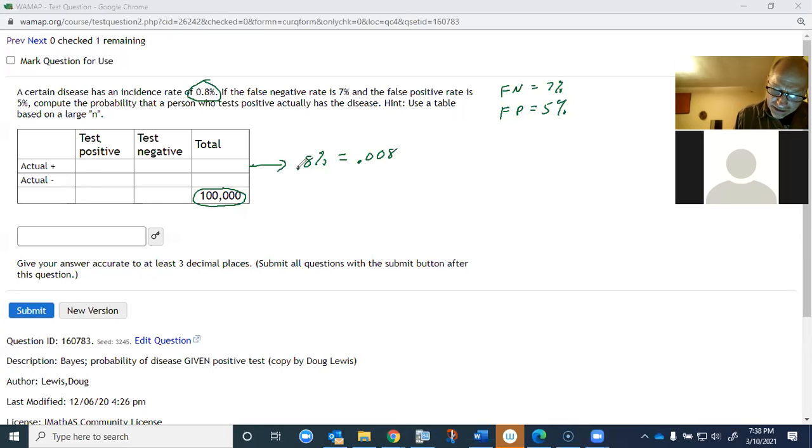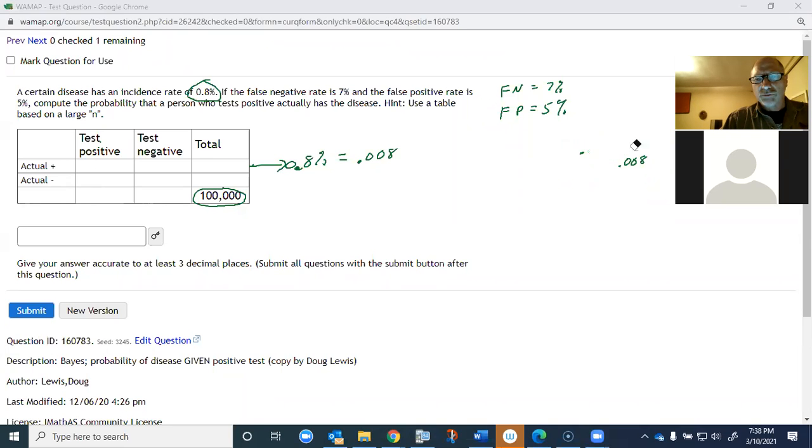Now, a lot of people make errors on this, because percent means divide by 100. So 0.8% means 0.8 divided by 100. And when you divide by 100, you have to move the decimal 2 to the left. So that's 0.008. So be careful on your percents. This is a real common error. People don't do that correctly.